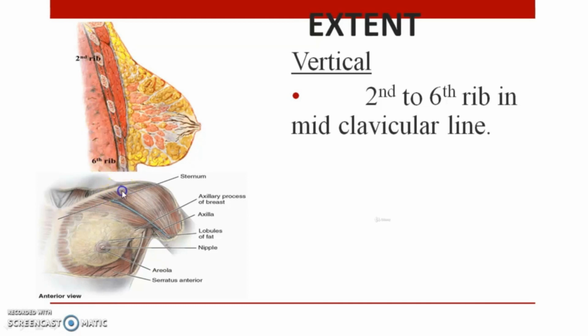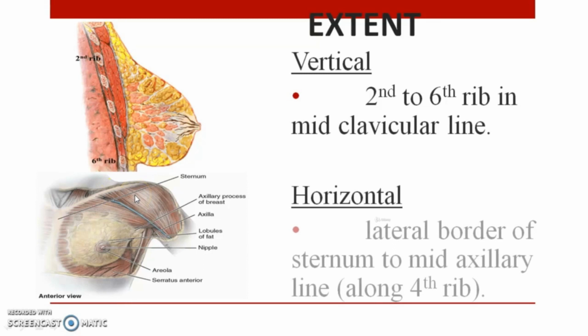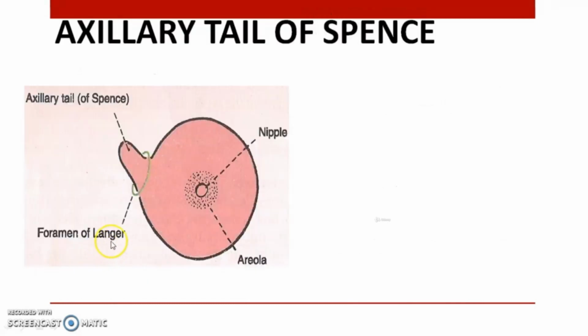Now coming to the horizontal extent. Talking about horizontal extent, it is extending from medial to lateral. So medially it is extending from the lateral border of the sternum. You can make out here we have the sternum, and from the lateral border of the sternum to the mid-axillary level.